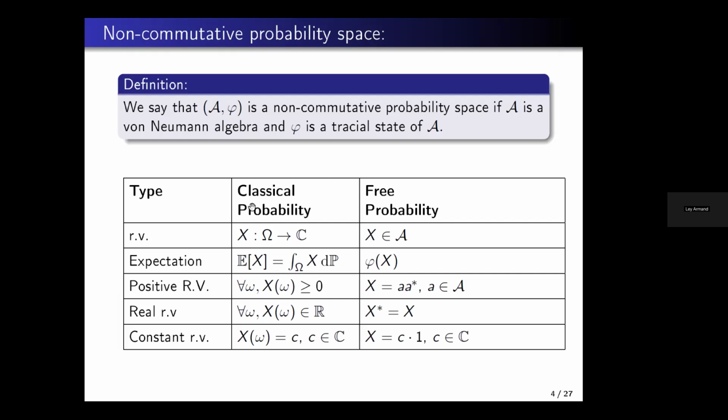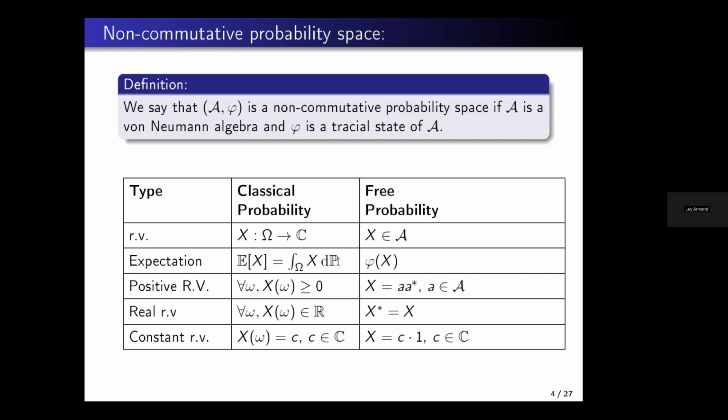I made a table to make clear those analogies. Random variables in classical probability are measurable functions going from a space omega to complex numbers. And in free probability, it's an element of a von Neumann algebra, that is, a bounded operator on a Hilbert space. Expectations have the classical definition in probability theory.